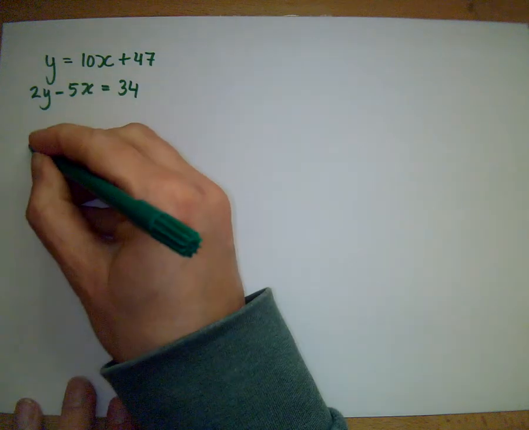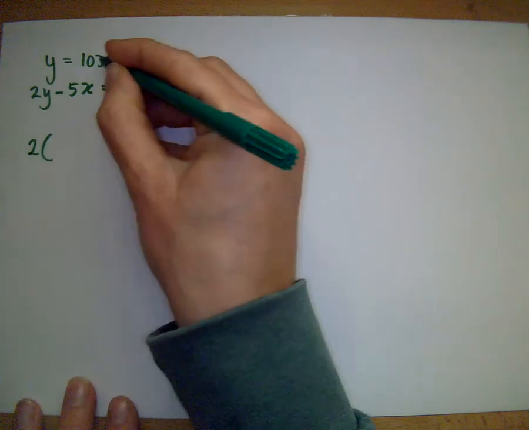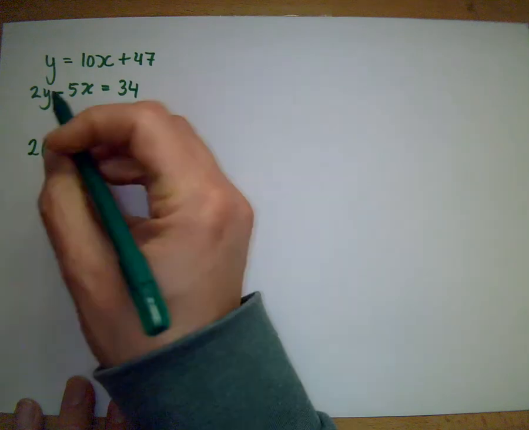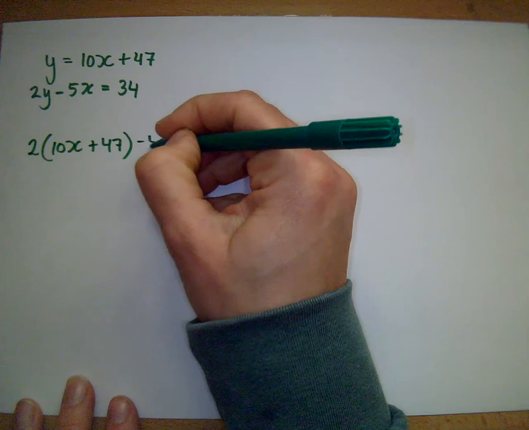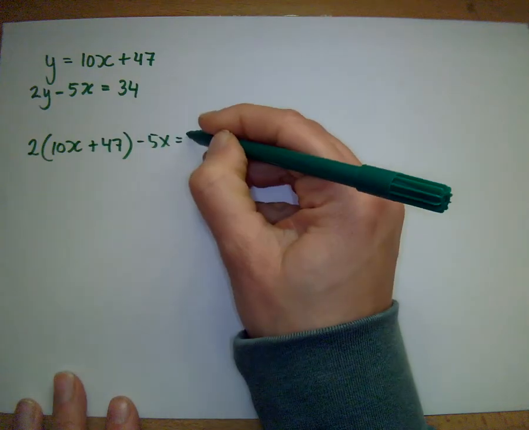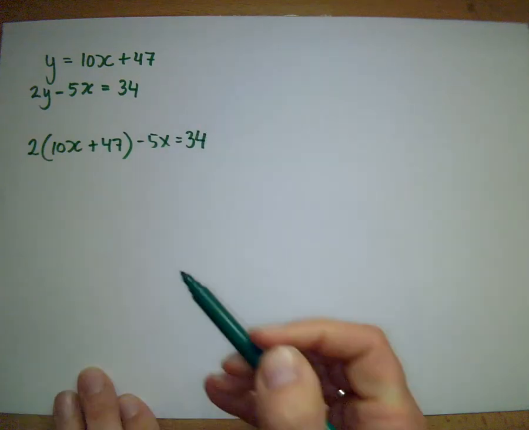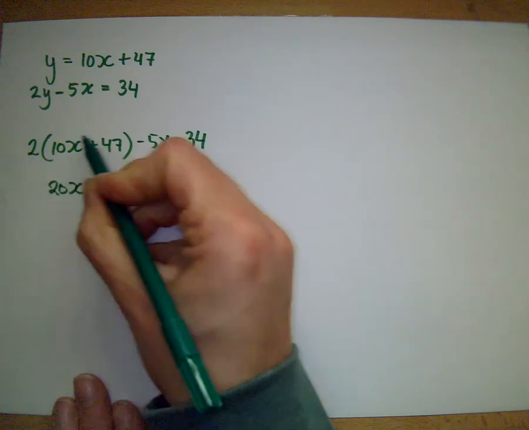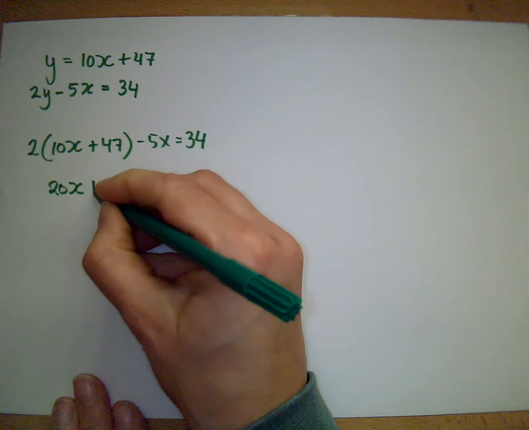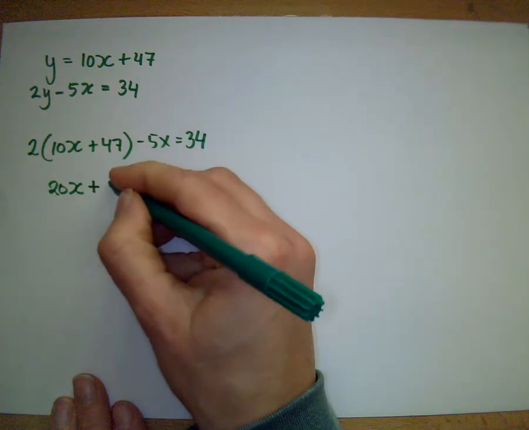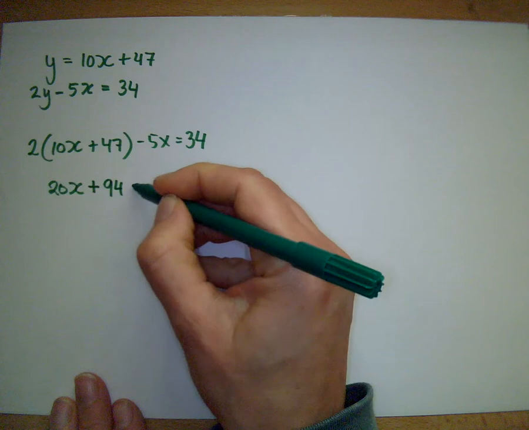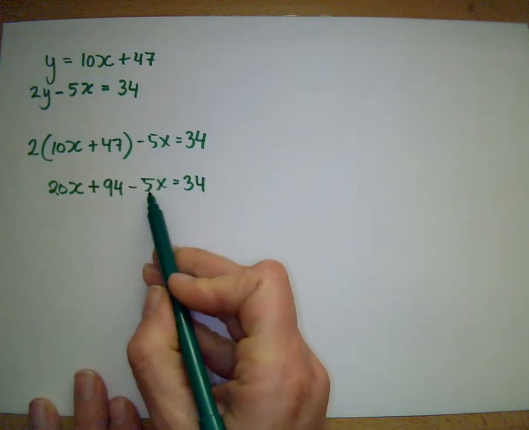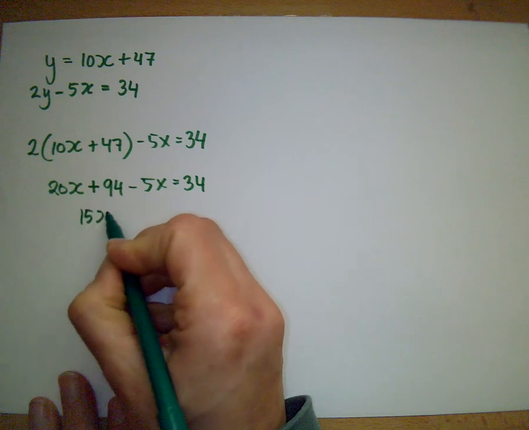Let's do that. 2 times, not y, but 10x plus 47 minus 5x equals 34. Expand. 20x plus 2 times 47 is 94, minus 5x equals 34. 20x minus 5x is 15x.